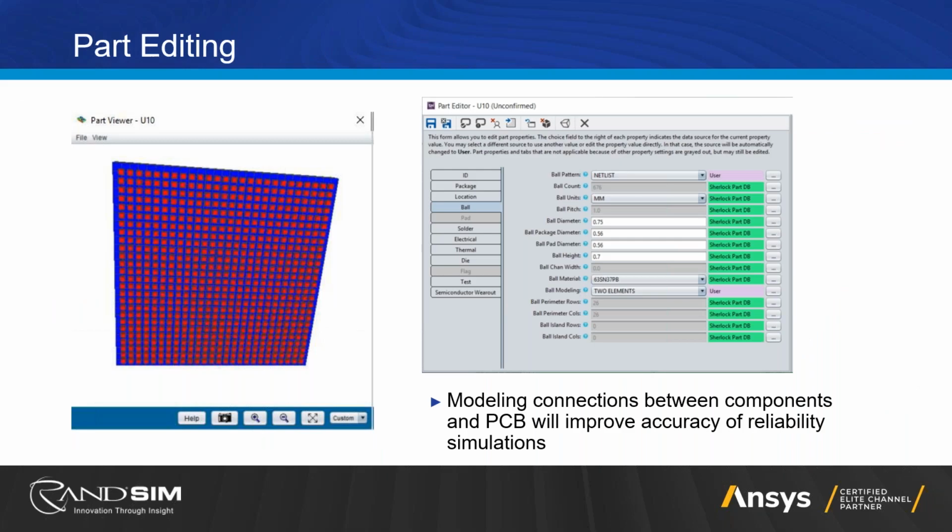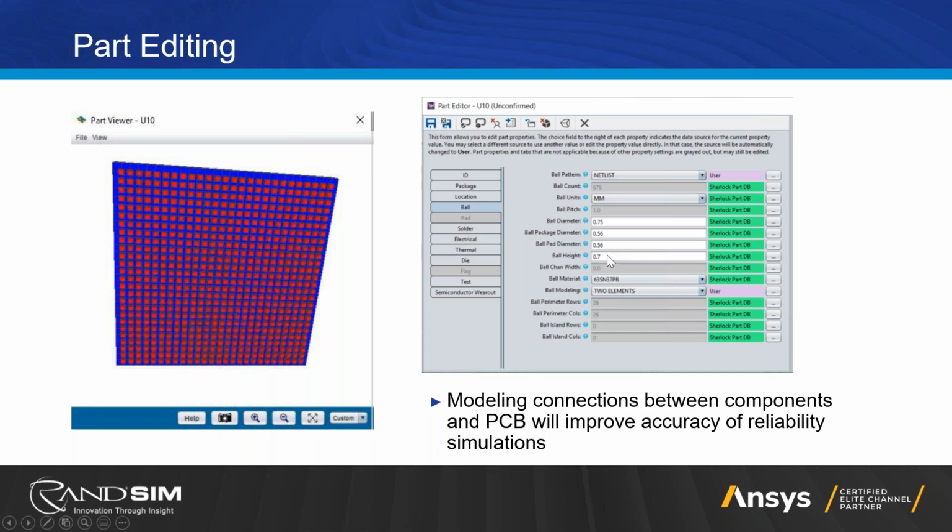So when it comes to a BGA, you can bring it in and you can run your analysis. But if you want to further refine it, if you want to get a more accurate representation of how those different solder balls are impacted, you can go in and edit the part and save it back into your local library and make different changes to some of the parameters like the ball diameter or the ball package size or the height.